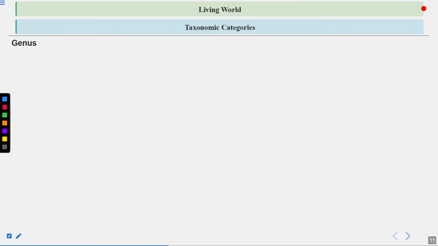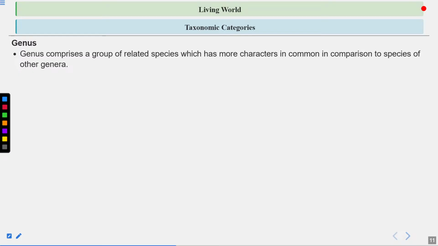Let's talk about the genus. Genus comprises a group of related species which has more characters in common in comparison to species of other genera. So what is genus? It is a group of related species, and these species share common characteristics in comparison to species of other genera.